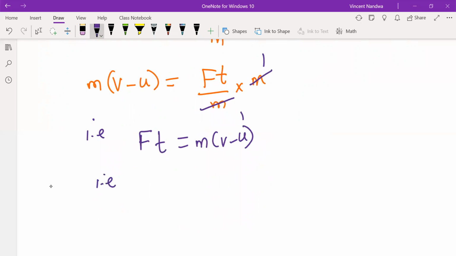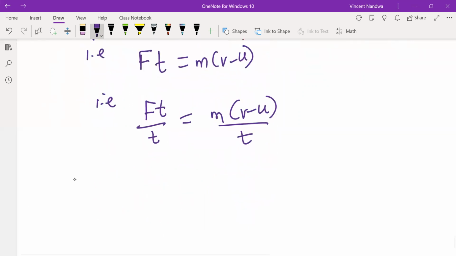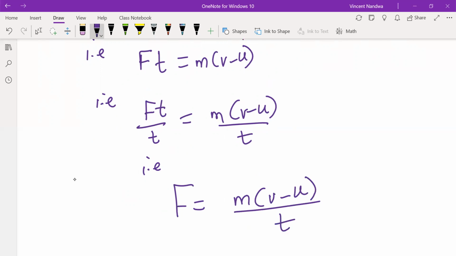And then to get f, divided through by t, so we have ft divided by t equals to m into v minus u over t. And we get capital F is m into v minus u divided by t as the solution.